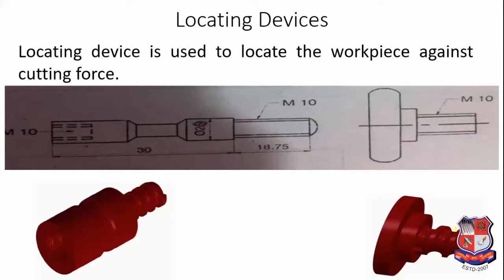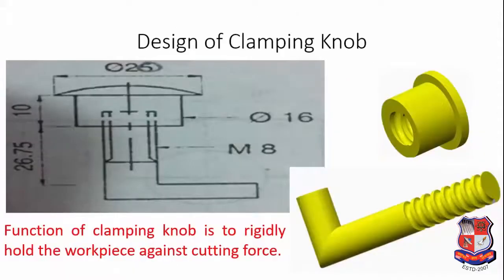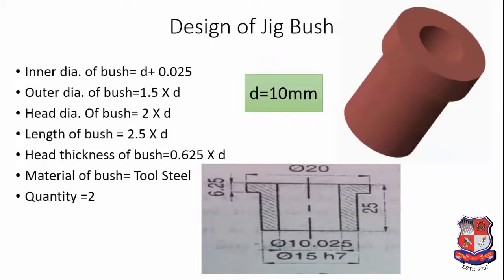So this is the design of clamping knob and a locating device. Locating device is used to locate the workpiece against a cutting force. So this is design of all parts of angle plate jig.